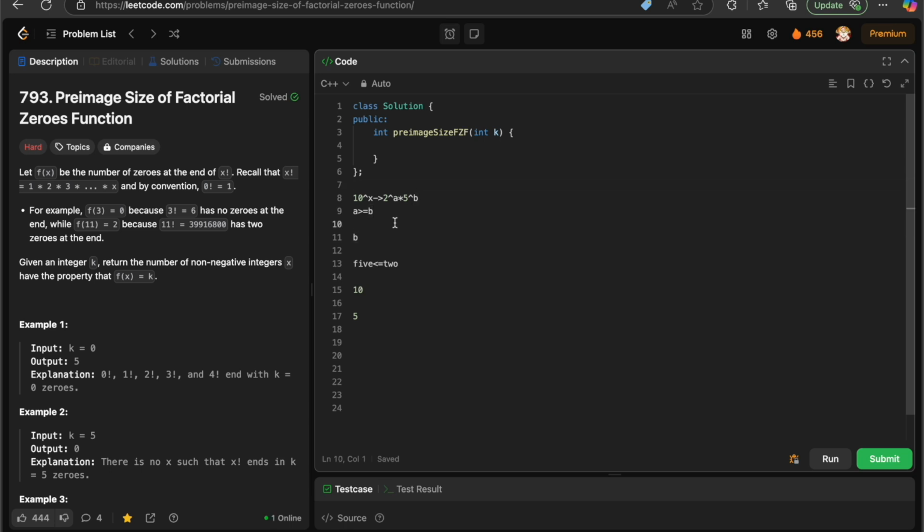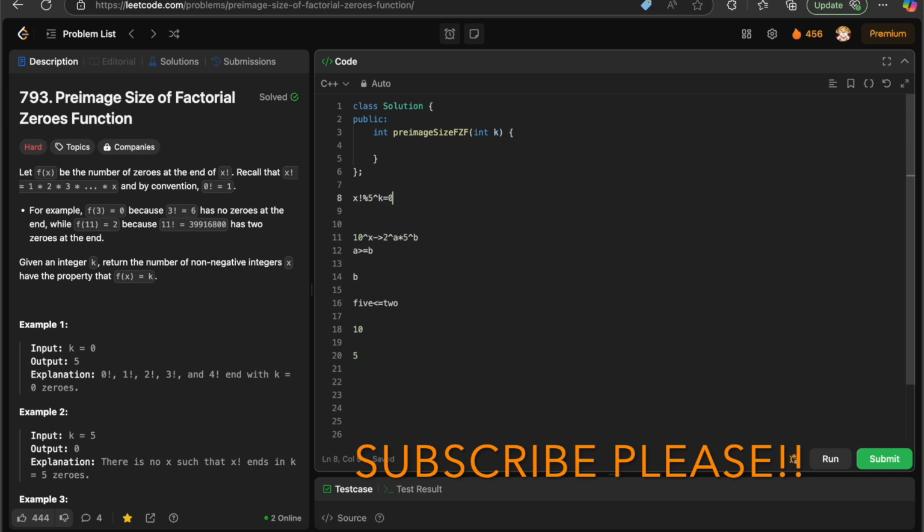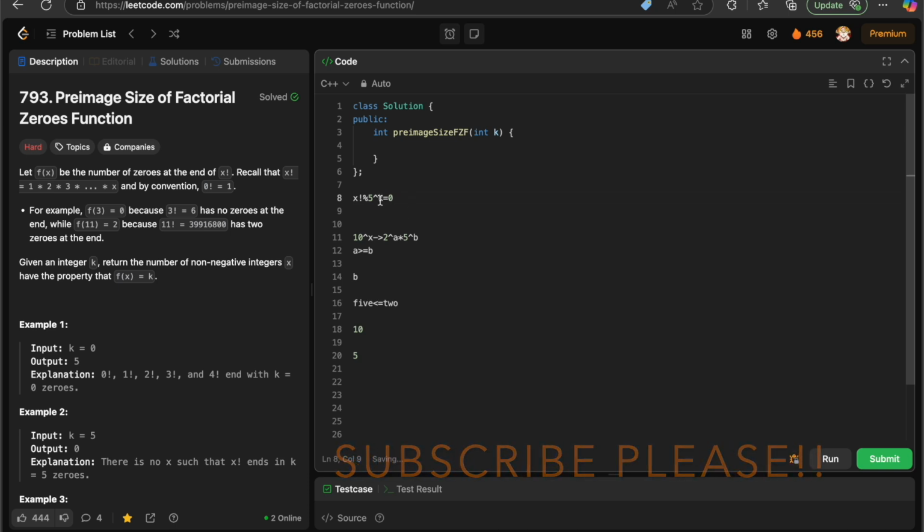We have to count the number of x such that x factorial is divisible by 5 raised to the power k, with exactly k fives. We can solve this problem using binary search, in which we take a mid element and check whether it can have mid number of 5s or not.